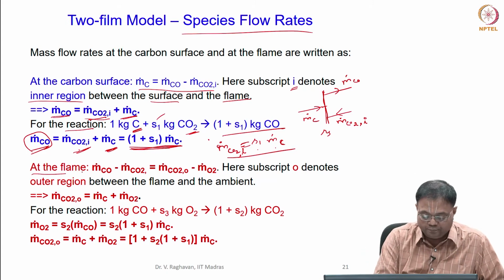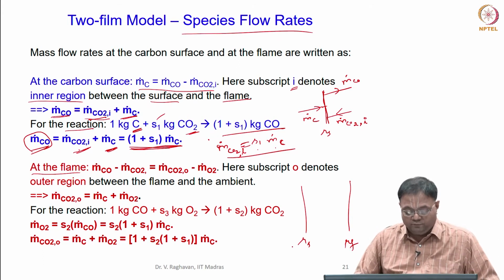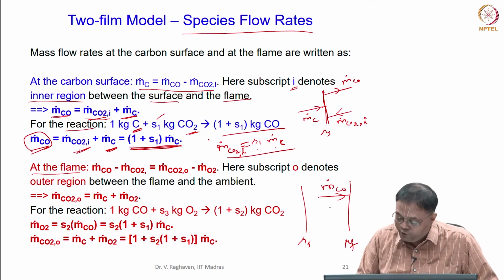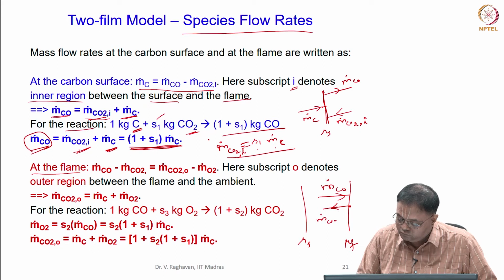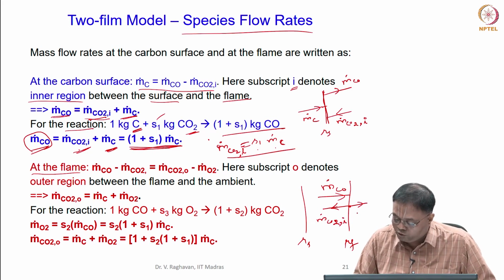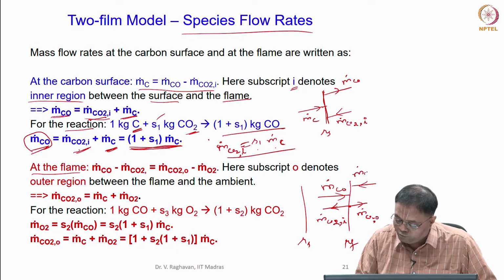Now at the flame surface, this is the flame, RF, and this is RS. So what happens to the flame? CO which is formed goes here. CO2 which is formed at the flame will come to the inner zone, and it also goes away to the outer zone, m dot CO2 O, and oxygen from the ambient comes in here, m dot O2.